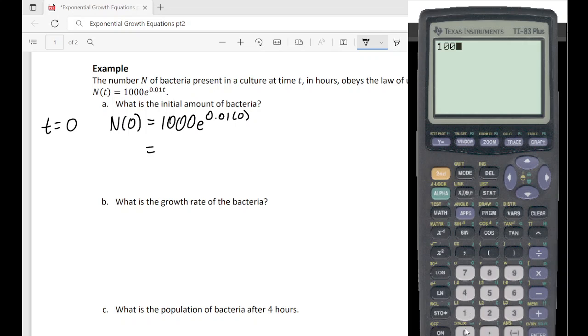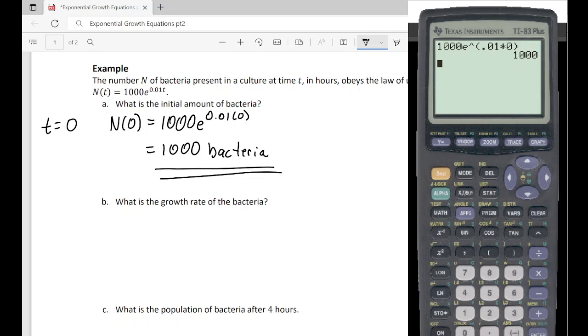So 1000 times e^(0.01·0), and we're going to get 1000 bacteria. But if you remember what I said before, the number in front of e here is called the initial amount. And so it matches up, so you can do either one to prove that it's the initial amount.